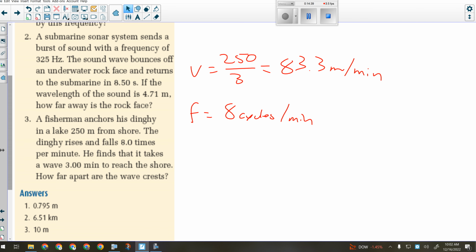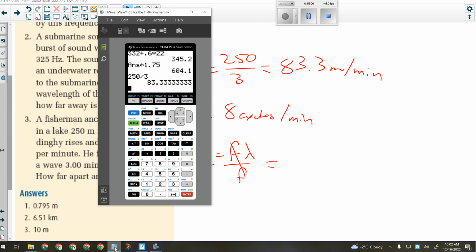Now I can go v equals f times lambda, and I will get the wavelength. I'm going to divide both sides by frequency, so I have my meters per minute divided by cycles per minute, and that's going to leave me with meters per cycle, which is wavelength. So we're going to take our 83.3 and divide that by 8, and that's going to give us 10 meters for the wavelength.